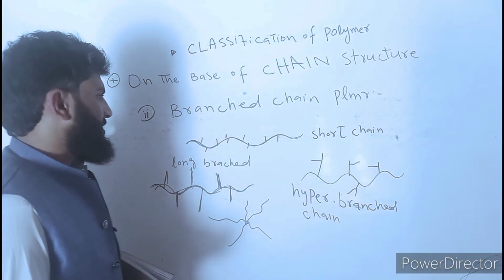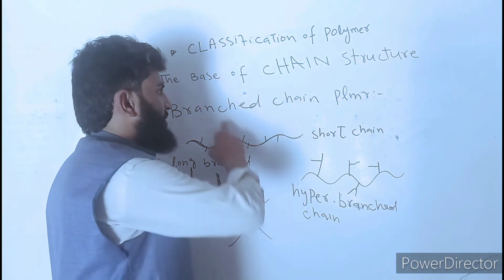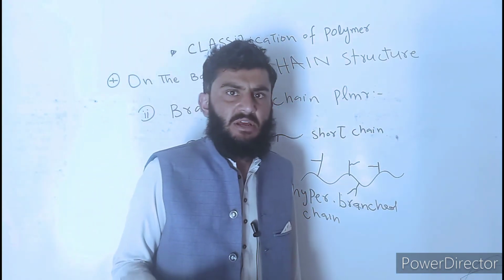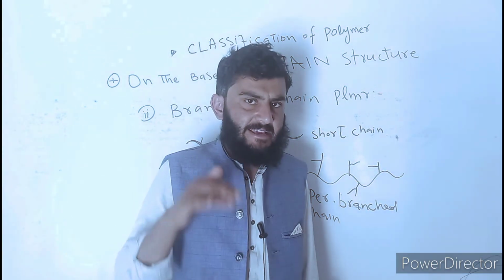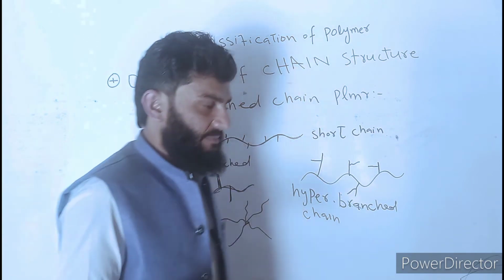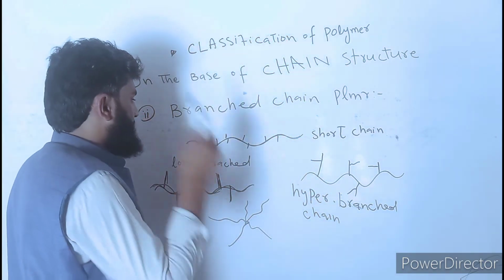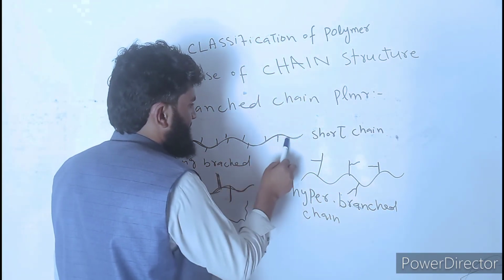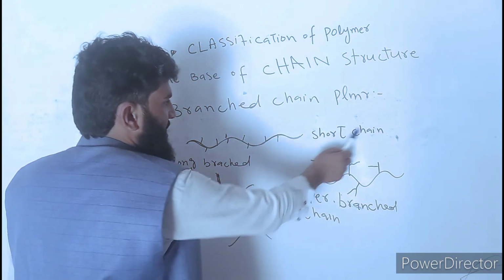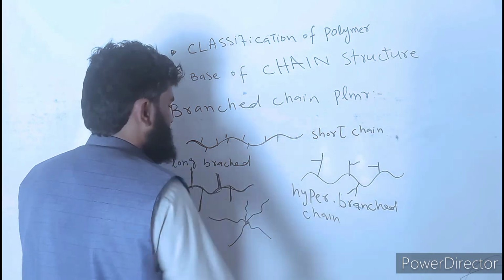So branched chain polymers are those polymers where one chain works as a backbone and there are small projections from this main skeleton. For example, here this is a main skeleton and you see these are branches. So this is known as short branched polymer.